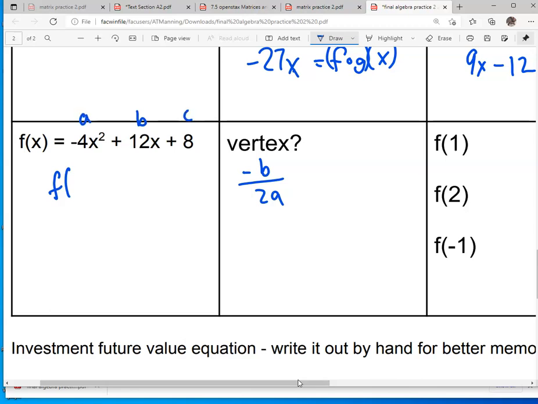So it's going to be equal to negative 12 over 2 times a, 2 times negative 4, or negative 12 over negative 8. Reduce that, divide both sides by 4, and I get 3 halves. That is my vertex.